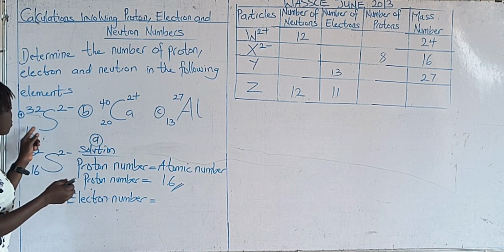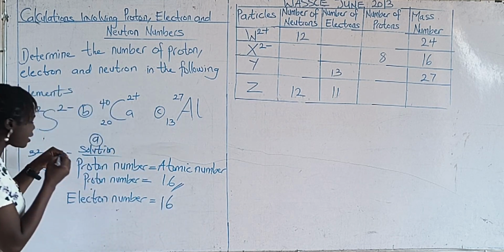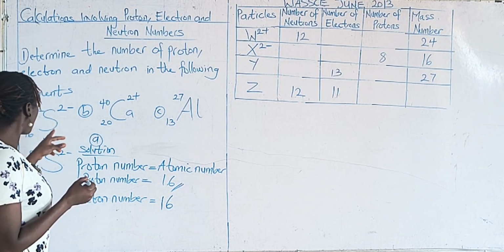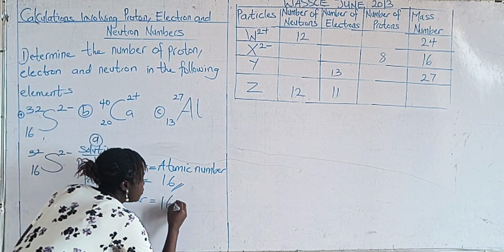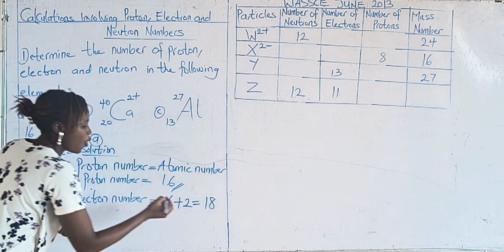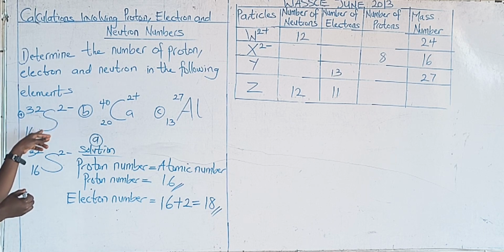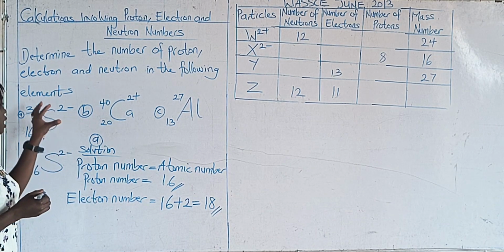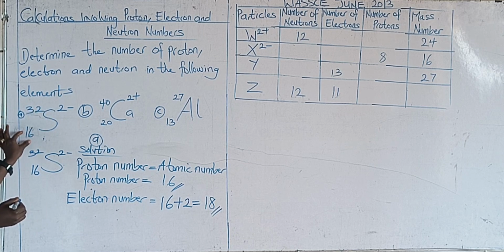So the electron number equals the atomic number, 16, plus 2, because it is receiving 2 electrons. That's why it becomes negative. 16 plus 2 is 18. Because it is receiving 2 electrons, we add them to the atomic number. Assuming the element had no charge, the electron number would just be 16.